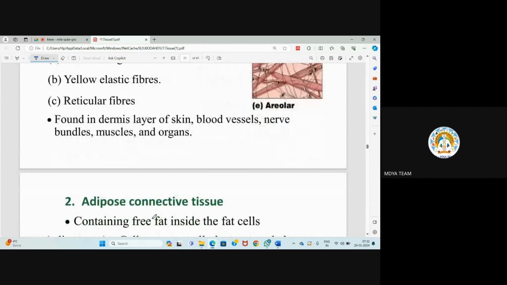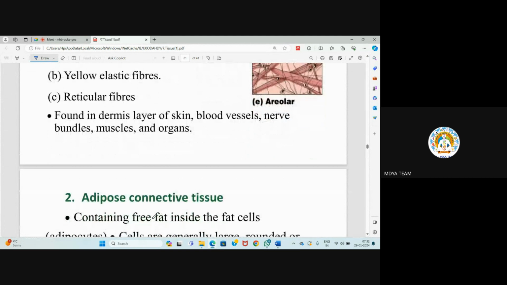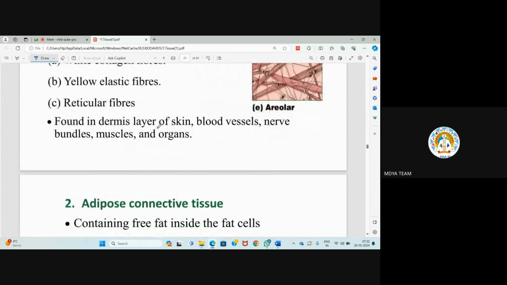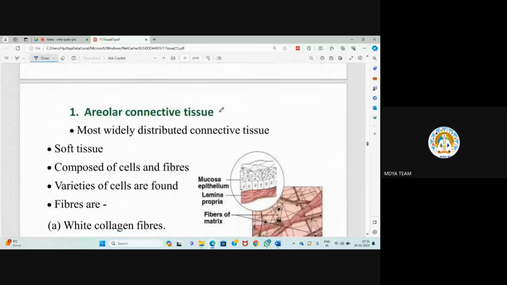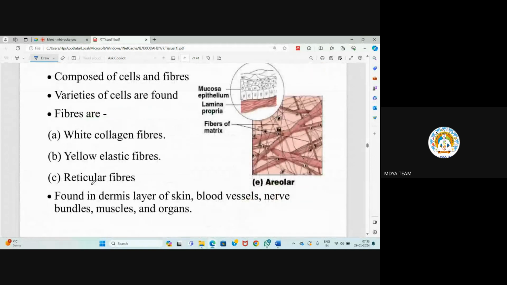So areolar connective tissue is found in the dermis layer of skin, blood vessels, nerve bundles, muscles, and organs.